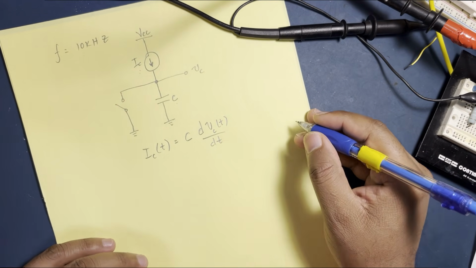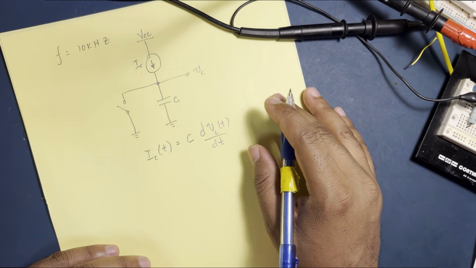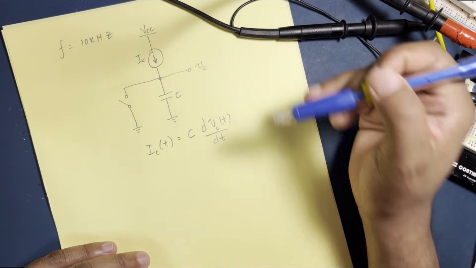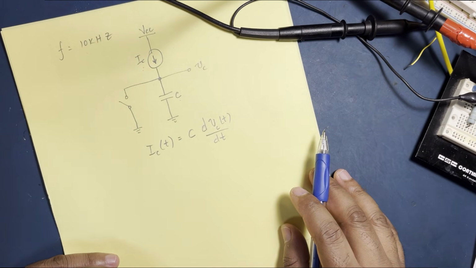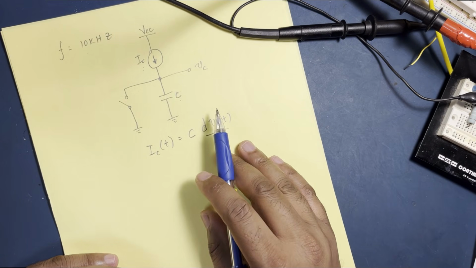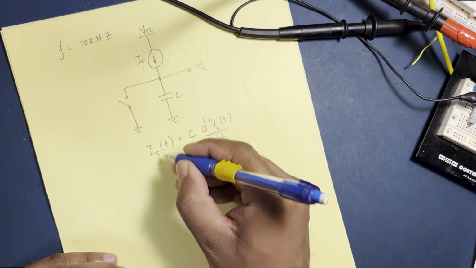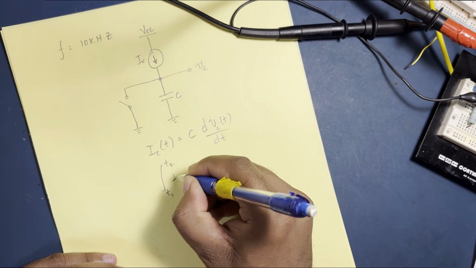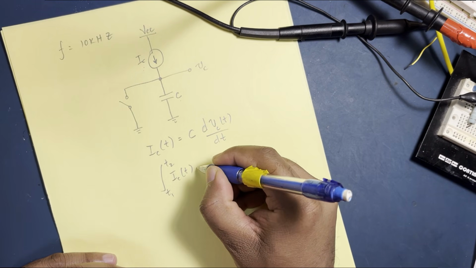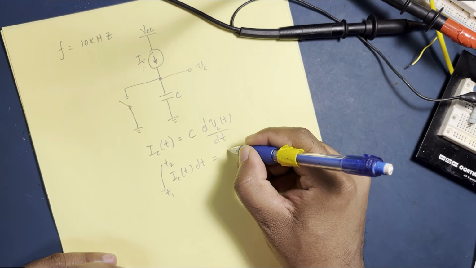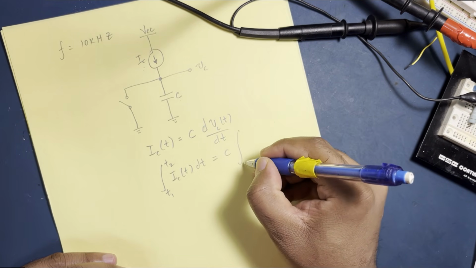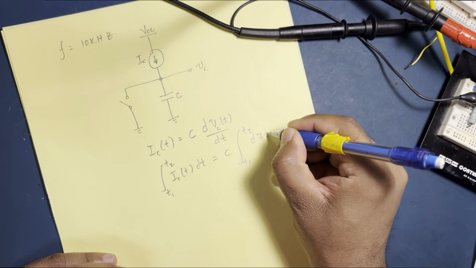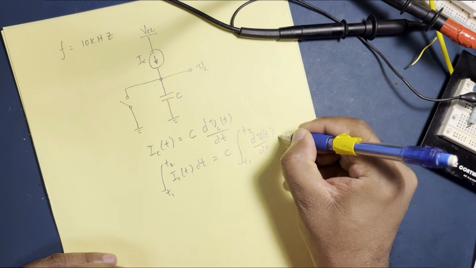Now, we're going to quickly show how this fixed current generates a linear voltage. This is a simple first order differential equation. So you just integrate with respect to time from T1 to T2 of IC(t) dt, and C, which is a constant, times the integral from T1 to T2 of the derivative of the voltage with respect to time, dt.